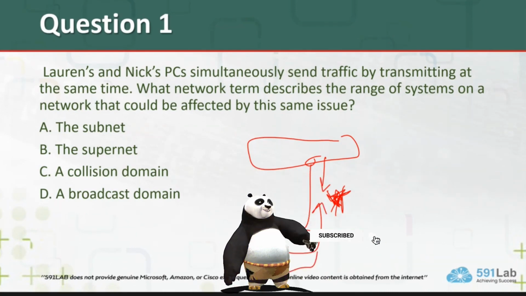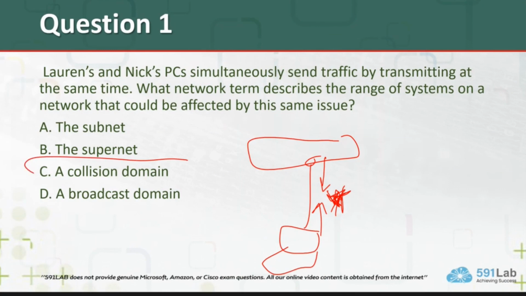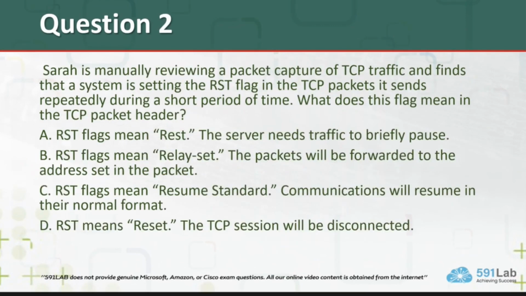There is no such thing as a supernet. So the answer for this one is a collision domain. As you know, with hubs, all the devices connected to a hub are on the same collision domain, while on a switch, each interface is a separate collision domain. So of course, it's much reduced, meaning better performance on the switch than on a hub.